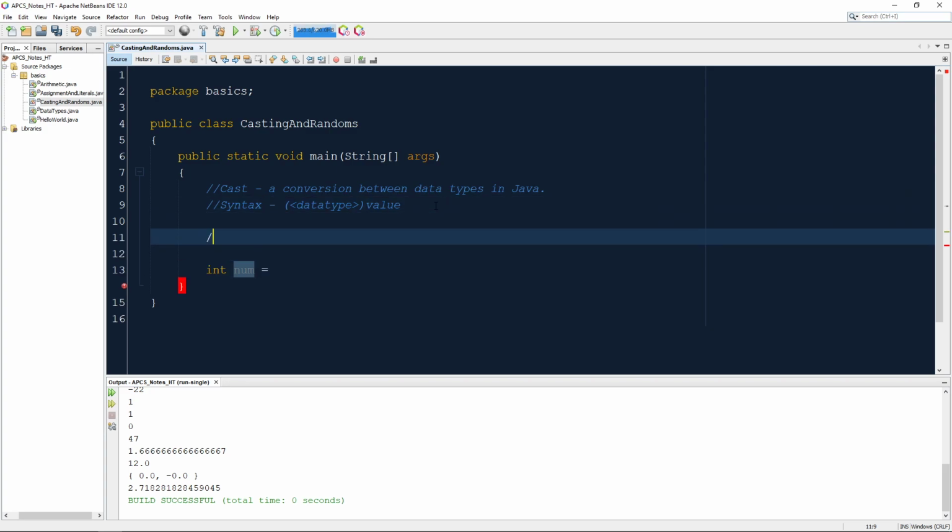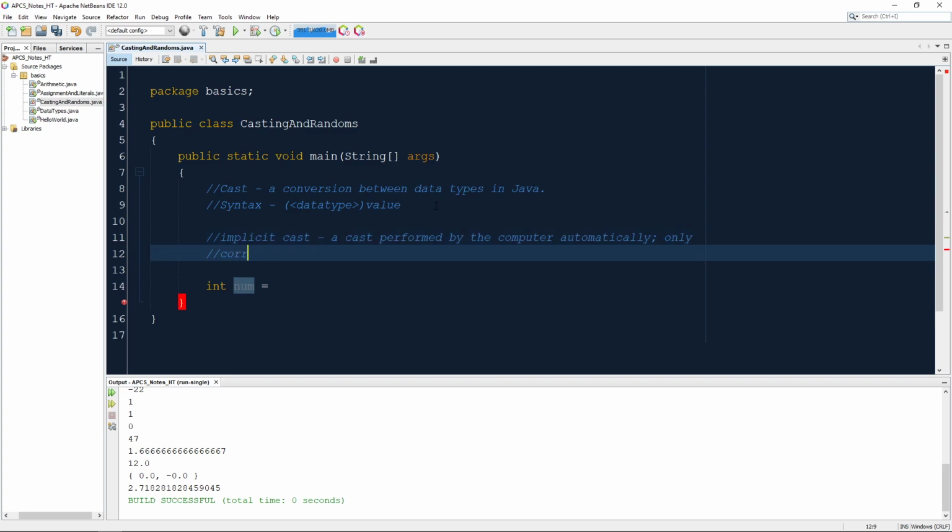I mentioned these words before, so now we're being very outright. So let's go ahead and write that. An implicit cast is a cast performed by the computer automatically, and it only occurs when there will be no loss of data.